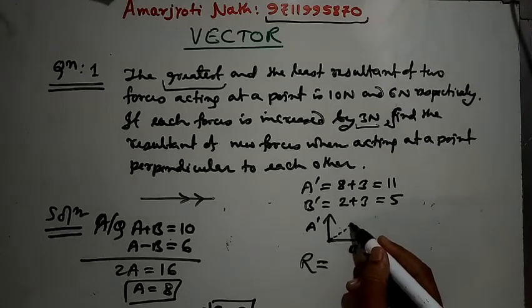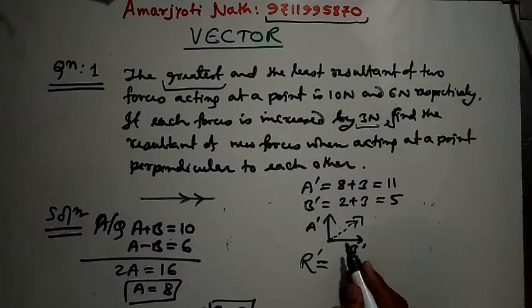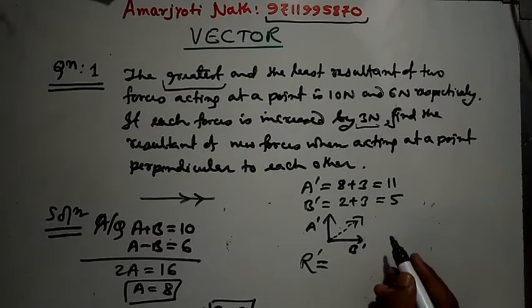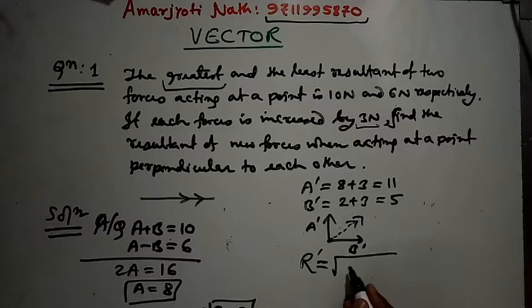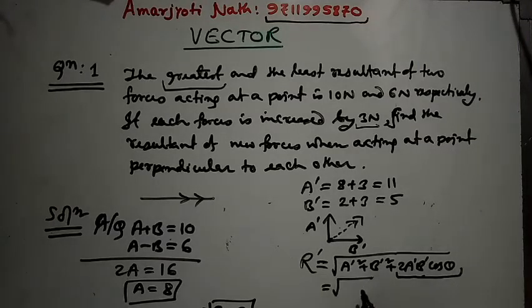Using the basic format, R dash is the square root of A dash square plus B dash square plus 2A dash B dash cos theta. Theta is the angle between A dash and B dash, so it will be 90 degree. Cos 90 degree is 0, so this part will vanish.